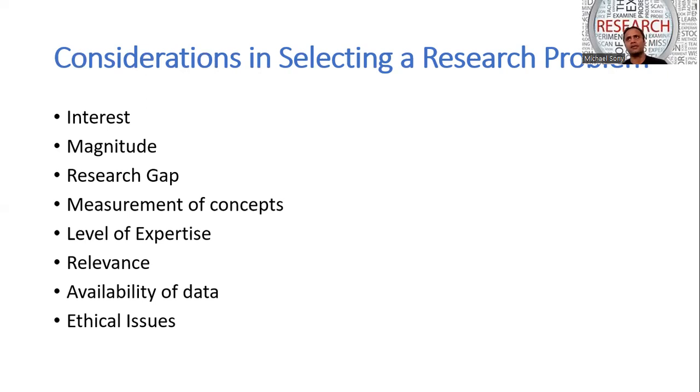So research gap is also an important, significant aspect. The level of expertise. As a researcher, you need expertise in the research methods in order to conduct the research. Hence, the level of expertise sometimes forms a major aspect in terms of considering whether a topic should be researched or not.